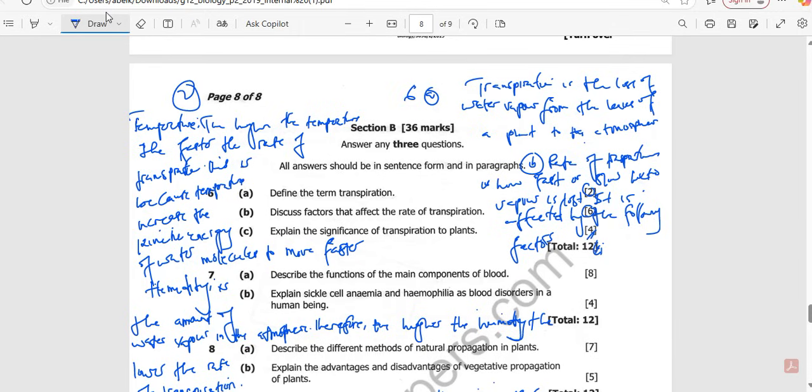Don't stick yourself to simple explanations because maybe there is 1 mark, 2 marks. Explain so that the marker can understand, so that marks can be given without a benefit of doubt. So next, we'll look at question 7. Question: describe the function of the main components of blood.